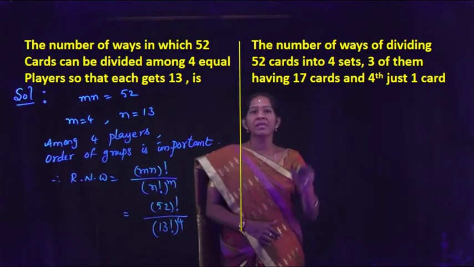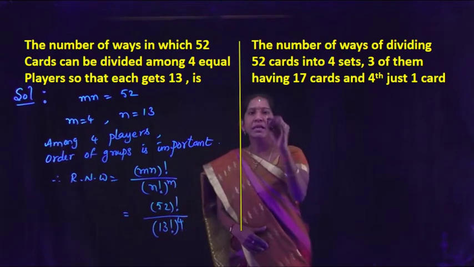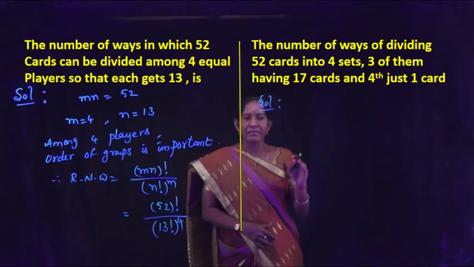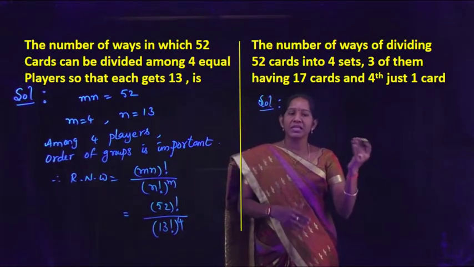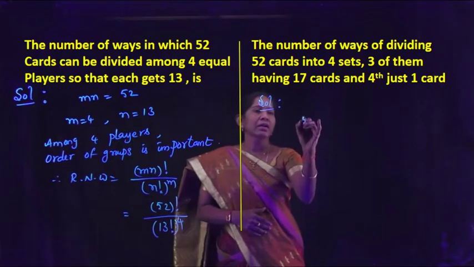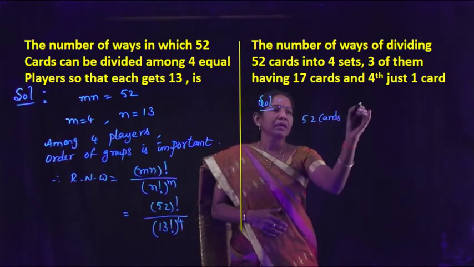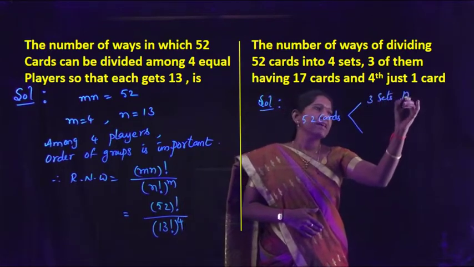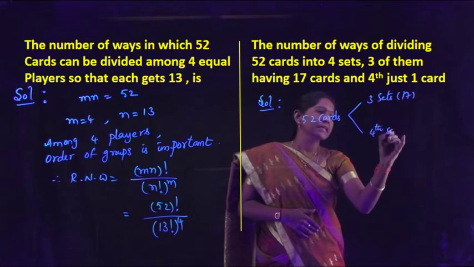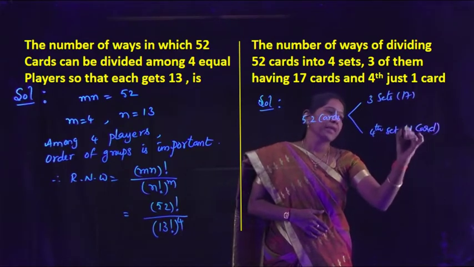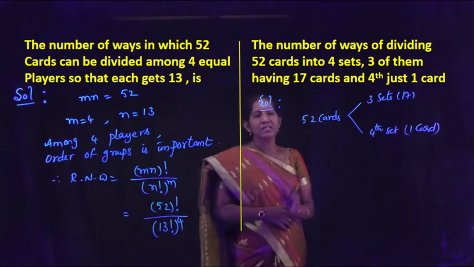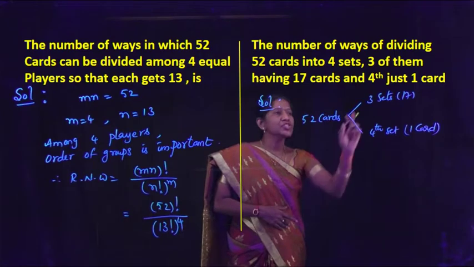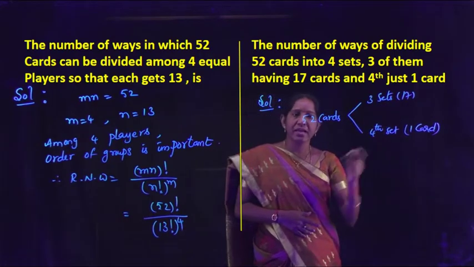The number of ways of dividing 52 cards into 4 sets, 3 of them having 17 cards and the 4th just 1 card. Here 52 cards are given, dividing into 4 sets, 3 sets having 17 cards and the 4th set just 1 card. That means these 52 cards can be distributed into 3 equal sets, each gets 17.